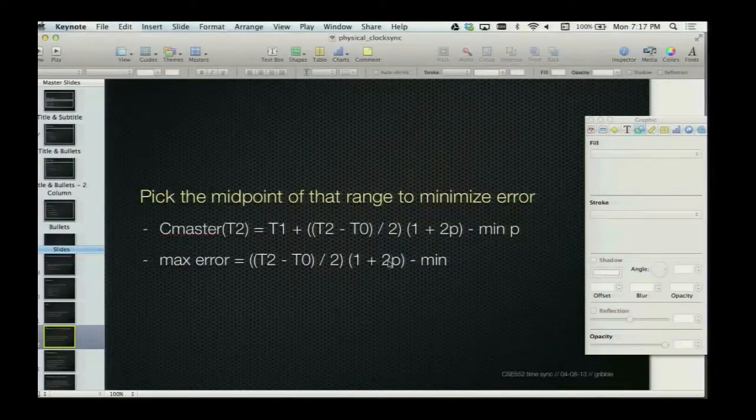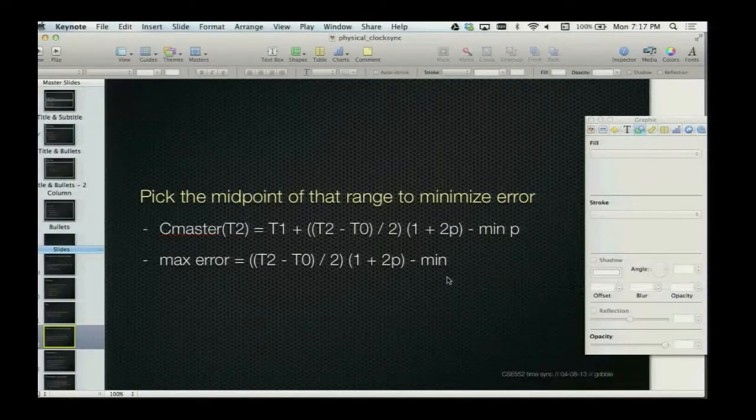Another thing that it says is if my clock is proceeding at a higher rate than the master's clock, then that difference in rate, that skew, also is proportional to the maximum error. So the higher the skew between my clock rate and the master's clock rate, the greater the bound on the error. And the last thing that it says is, if I happen to know the minimum round trip time, then I can subtract that off of this maximum error.